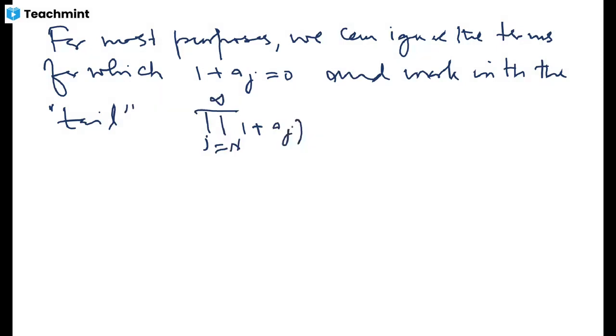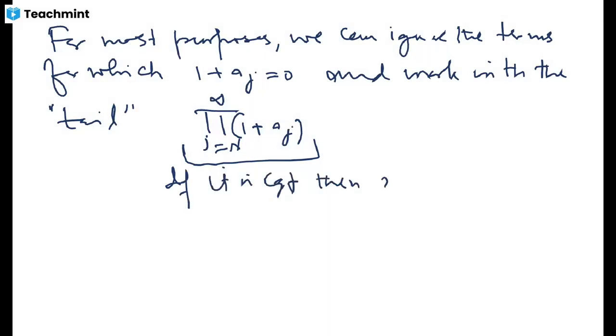So I have to drop every term. I have to take the maximum j for which 1 plus aj is 0, and I have to drop everything before that, and what will be left to us is a tail. And then we will check this infinite product. Once this product is convergent, then as seen aj converges to 0.